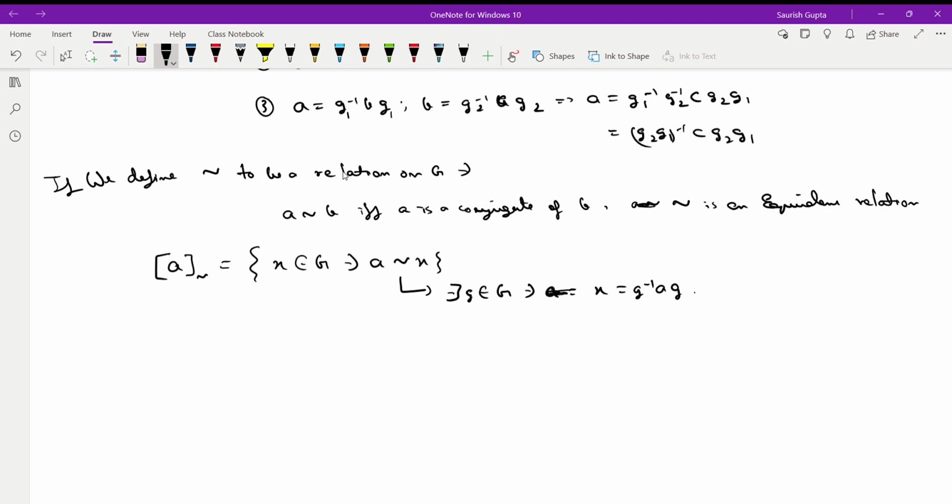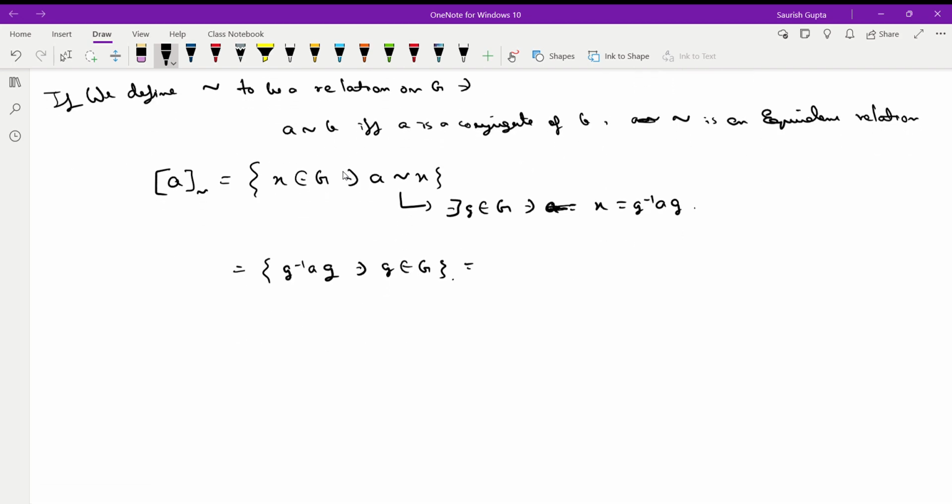Now, since we are having a set notation in this case, I can write this as the collection of all the conjugates of A such that g is in capital G. Obviously, this set will contain all the distinct conjugates of the element A, right?